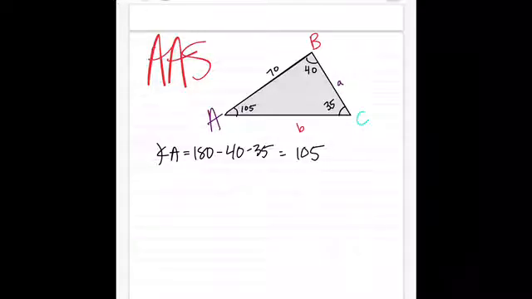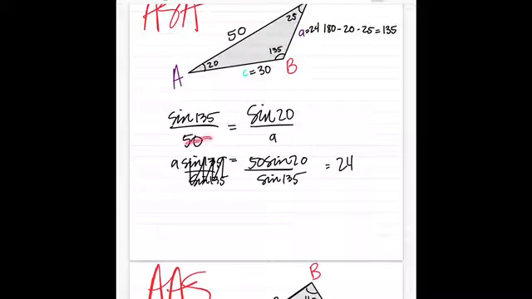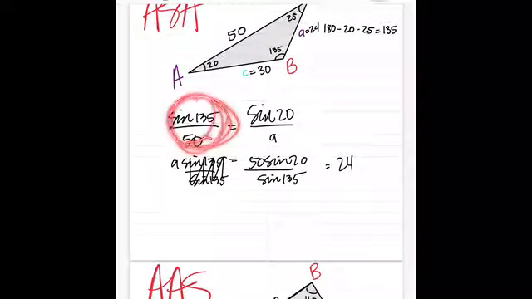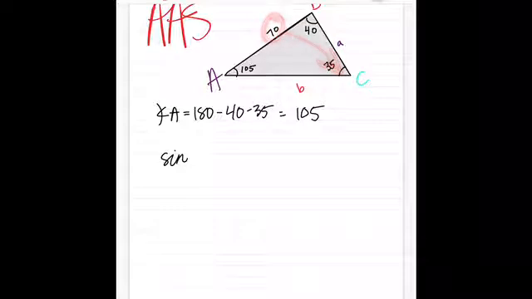So now we're ready to find side A. Now here's where we've got to choose which one we're going to do. I've only got one side that's given. Remember, we always have one where everything's given, there's not going to be a variable. So I'll only have one side, so that means I have to use this one.